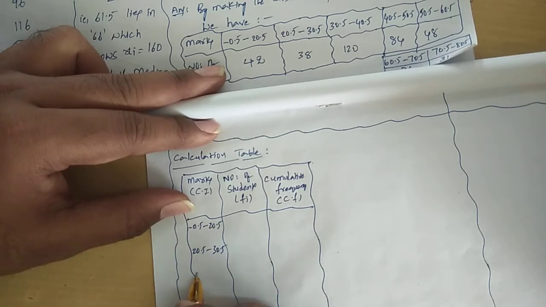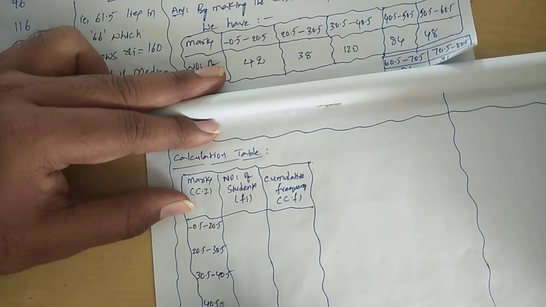Next, 30.5 to 40.5. Next, 40.5 to 50.5. Next, 50.5 to 60.5.